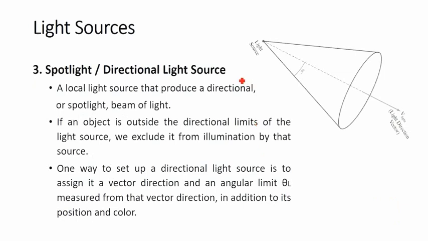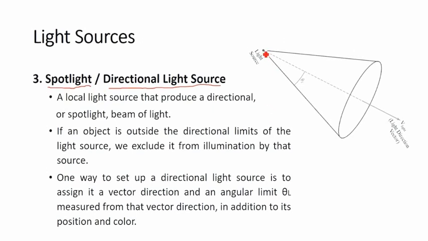The next kind of light source is called a directional light source, or we can also call this kind of light source a spotlight. This directional light source is basically a light source which emits the light in a certain direction.